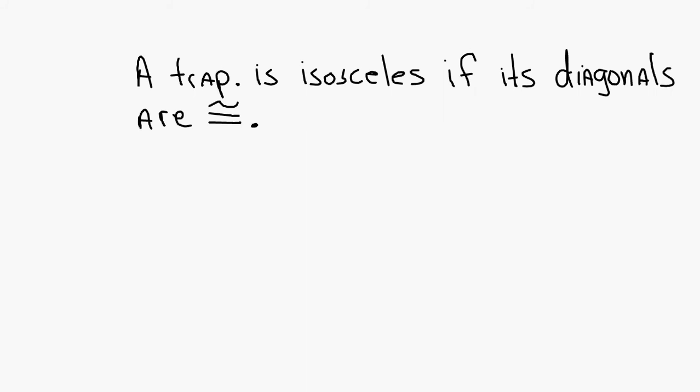All right, so look over at page 442, example 3. You're given a trapezoid XYWZ, and you're told that XW is congruent to YZ.